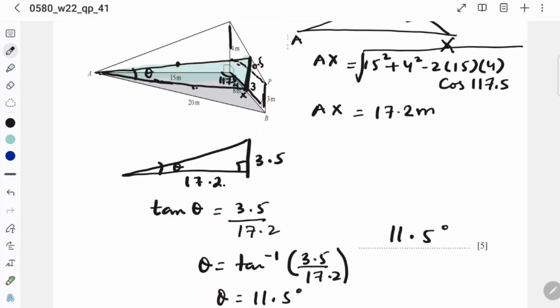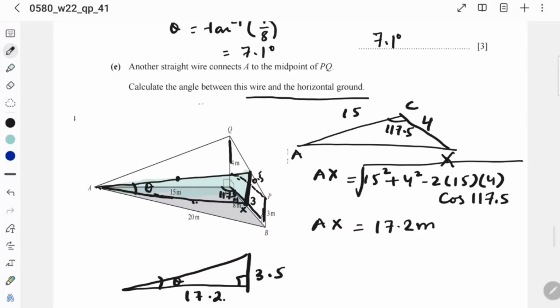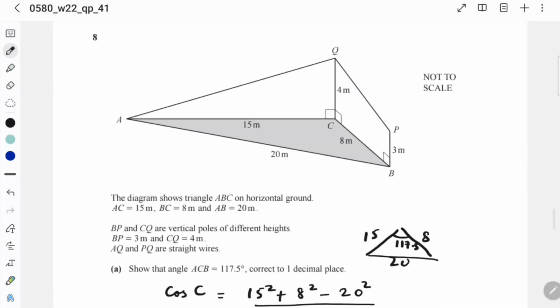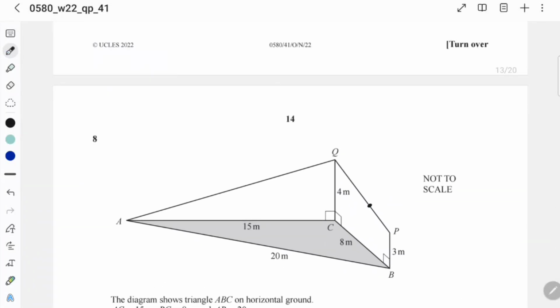Now look in front, class, this question is of 5 marks, and they were asking us to calculate the angle between the wire and the horizontal ground. That's why I made the horizontal ground here in the middle of PQ, then I dropped the line and drew the horizontal ground. Afterwards we calculated one extra length.